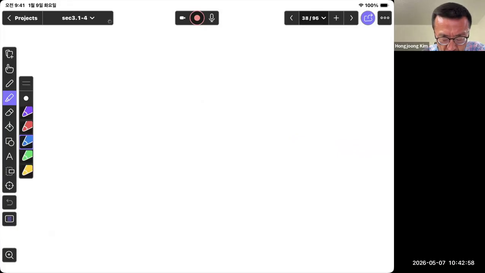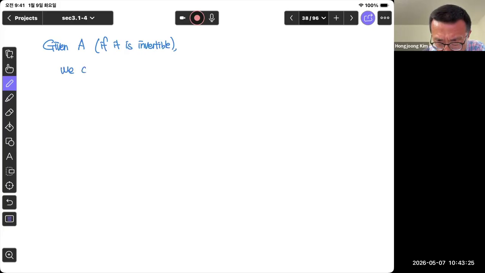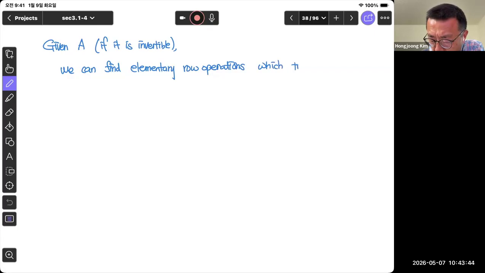So let me explain this one more time. Given A, if it is invertible, we can find elementary row operations which transform A into the identity matrix.